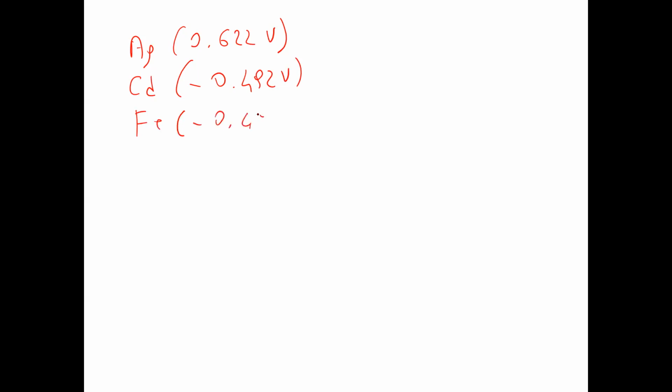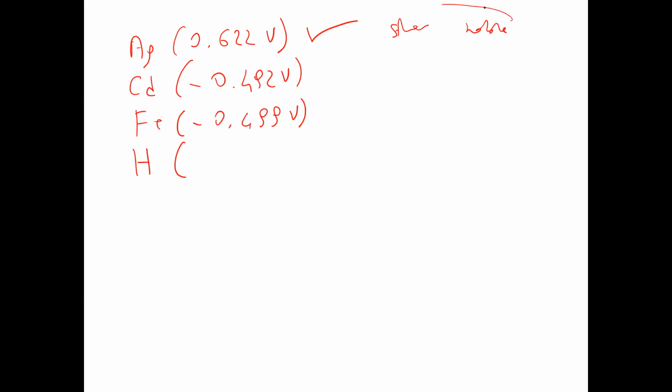So, silver reduction is 0.633 volt. Cadmium reduction minus 0.492 volt. And iron reduction minus 0.499 volt. And hydrogen reduction: it starts off with silver reduction, because it's a noble metal, chemically inert metal in terms of electrochemistry.